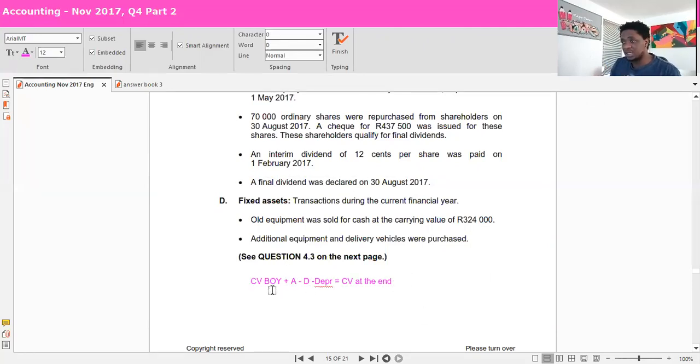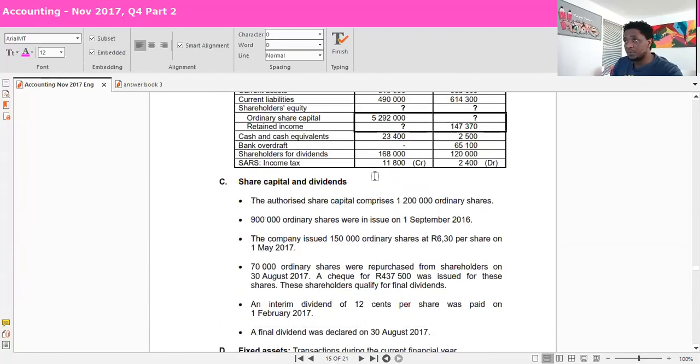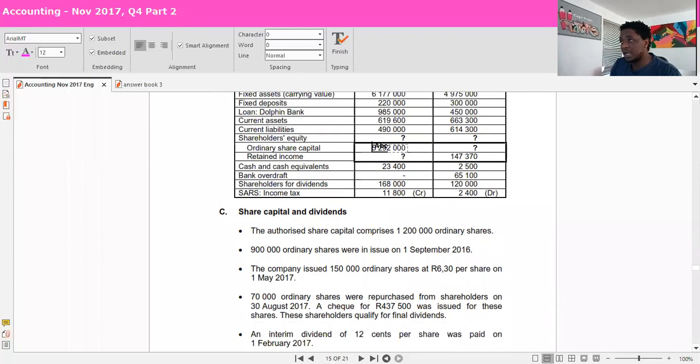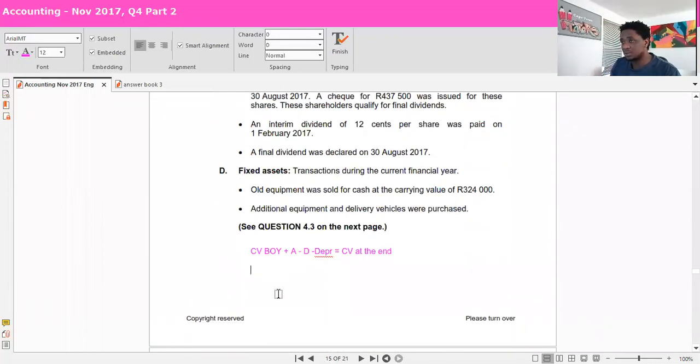And then in this case, let us replace these things with numbers and play around with it. There are some things that we know. For example, the carrying value at the beginning, you can see there 2016, is 4,975,000. Then we have plus additions, but they just said that additional equipment and vehicles were purchased, so they didn't say how much.